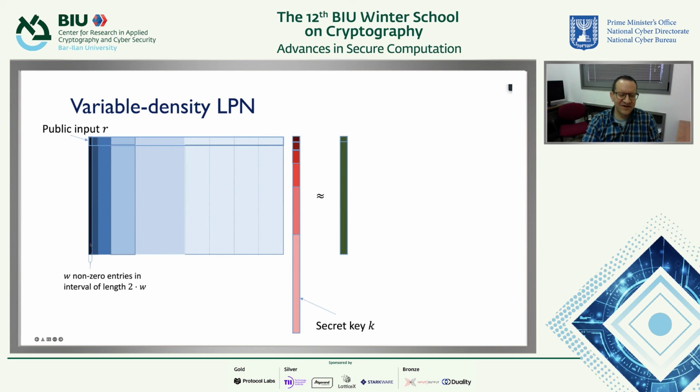We have a first block of size 2W that has W non-zero entries in each row, picked independently. Then we go to the right, we double the block size, but we keep the number of non-zero entries. So the sparsity level decreases exponentially, and the same for the LPN noise. So that's essentially an isomorphic way of showing this previous explicit polynomial-based presentation of the construction.